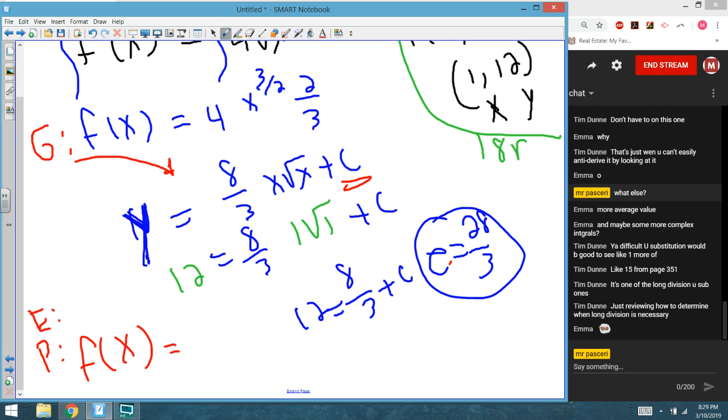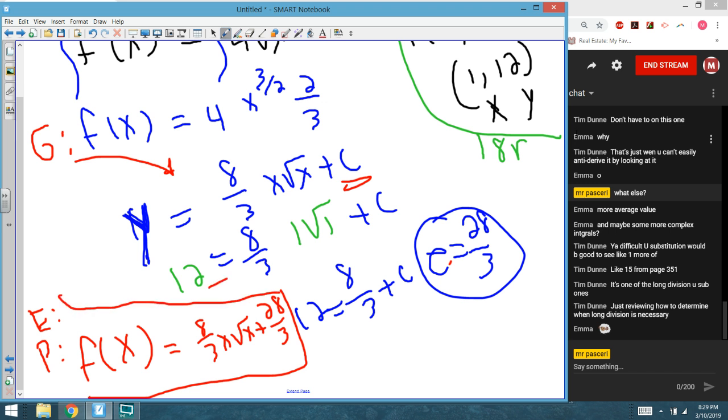So the particular solution is 8/3 x root x plus 28 over 3. Hopefully there are no mistakes because it comes out to an ugly looking thing, but that is solving a particular solution.